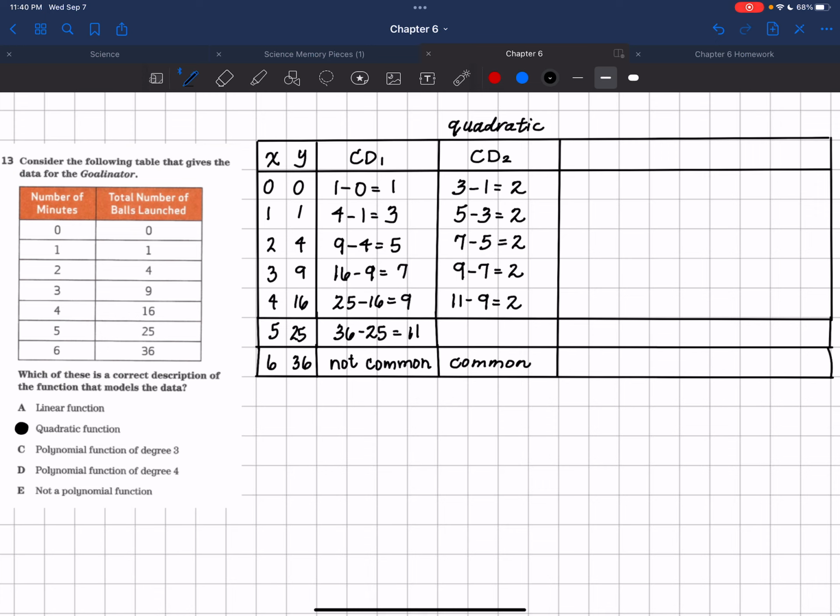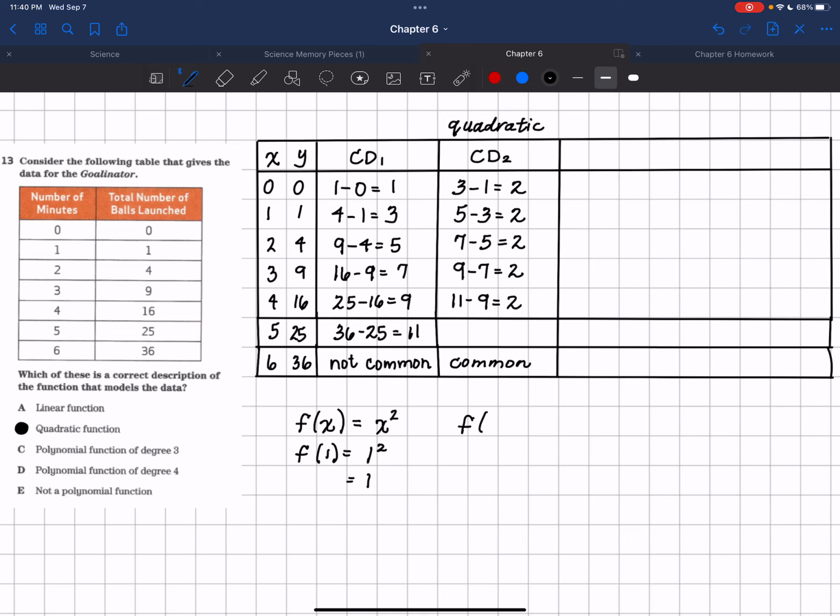Here's the function. The output, based on x, is equal to x to the 2nd power. In other words, if I put in a 1 for x, I'm going to get 1 squared, which is 1.